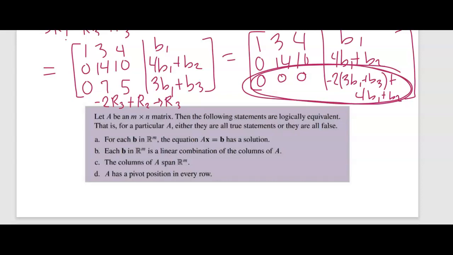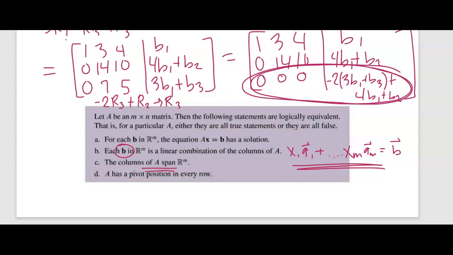If that is true, then b must be a linear combination of the columns of A. That makes sense because then there's x1a1 plus through xmam that is equal to b, and that's what makes it a linear combination. So the columns of A span Rm. That also makes sense because b is in there.